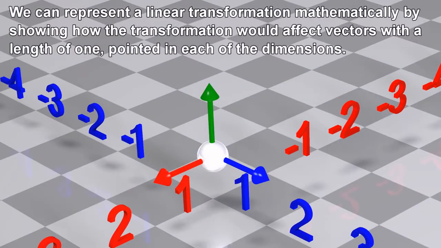We can represent a linear transformation mathematically by showing how the transformation would affect vectors with a length of 1, pointed in each of the dimensions.